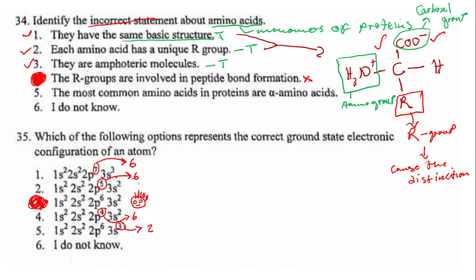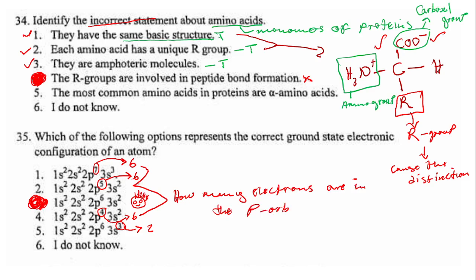Okay, so for this and that, together with that, these three, they were trying to ask you how many electrons are in the p orbital, because there are normally 3 p orbitals.